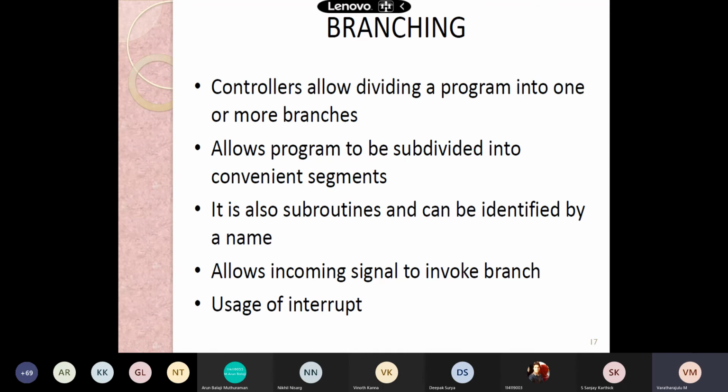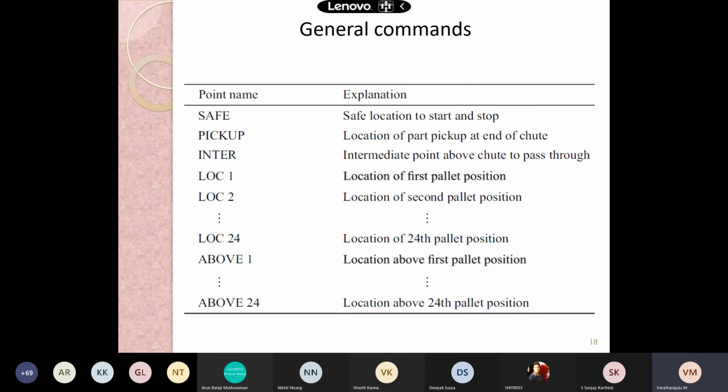And branching, and some basic commands. Please make a note of these commands. Safe locations to start and stop, pickup location of part, pickup at end of chute, intermediate point above chute to pass through, and LOC1 location of first pallet position, LOC2 location of the second pallet position. Similarly, we have 24 pallet positions, and see here there are 24 different pallet positions available.